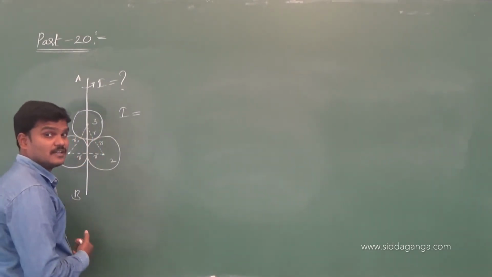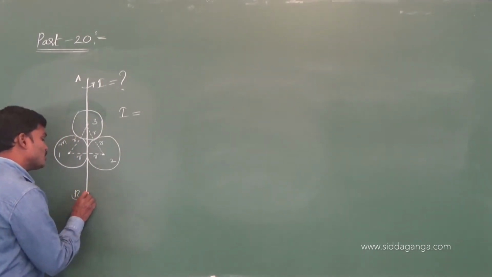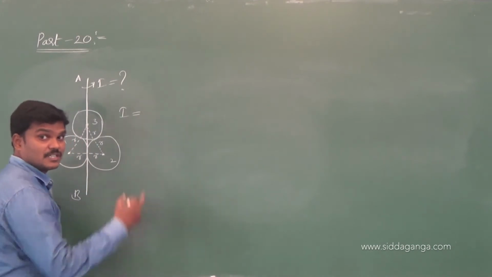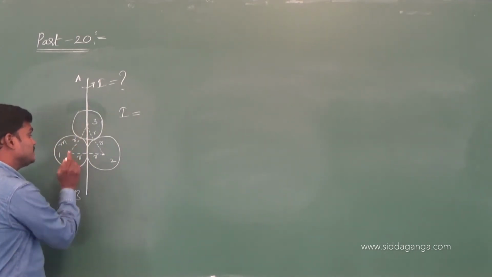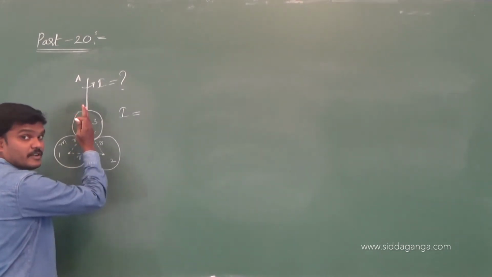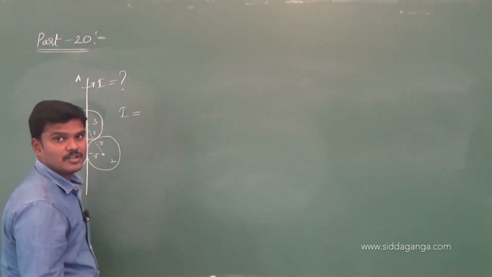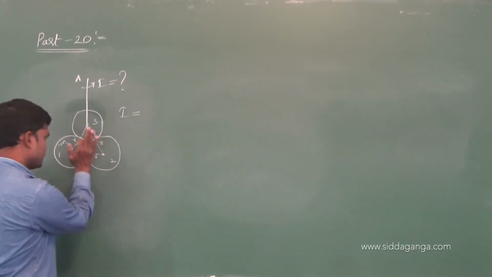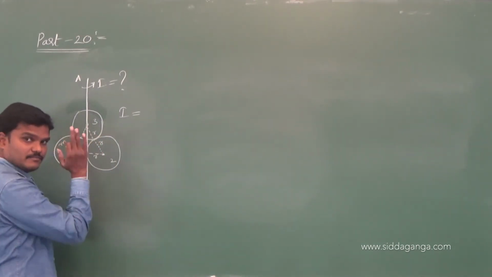But this is a circular disc about a tangent. Just recall the formula of a circular disc about a tangent, in its plane, with the planar side towards you.